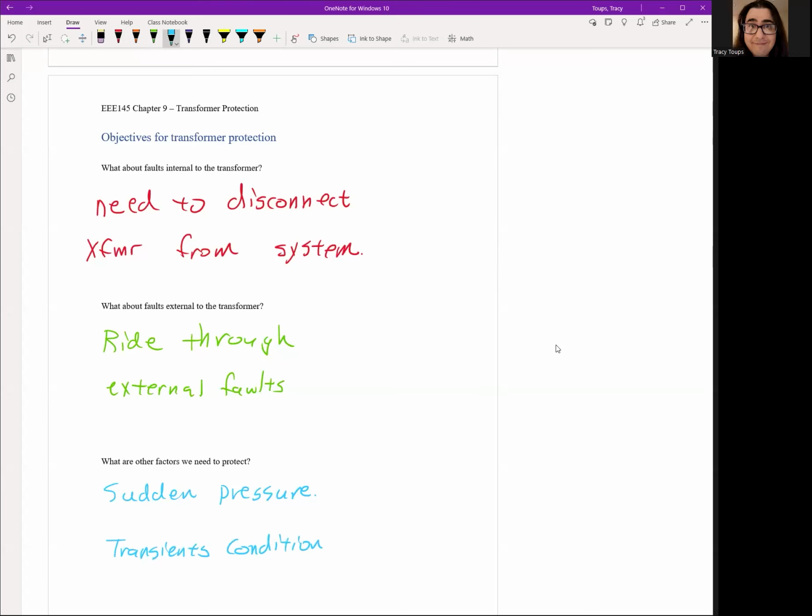Anytime you deal with something with a lot of wires wound up, like motors, generators, transformers, you're going to have transient issues you have to deal with, and they're quite big in transformers. So these are extra things we need to deal with besides the fault current that we'll talk about this week.